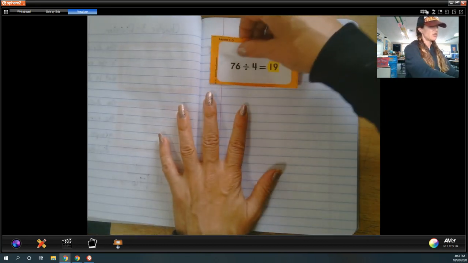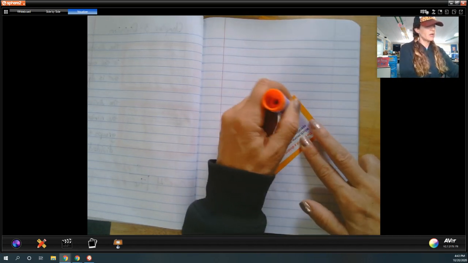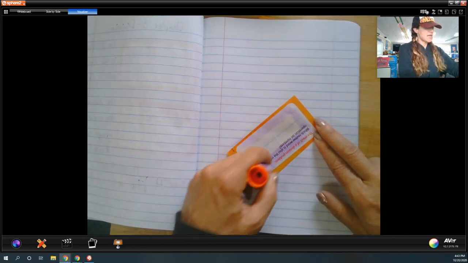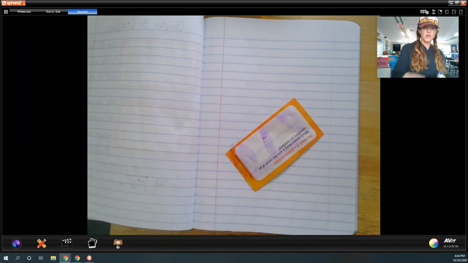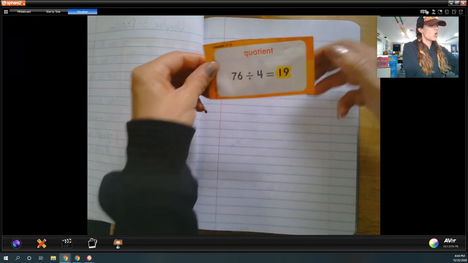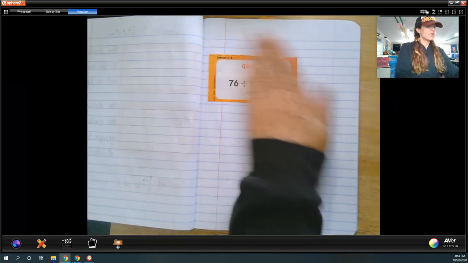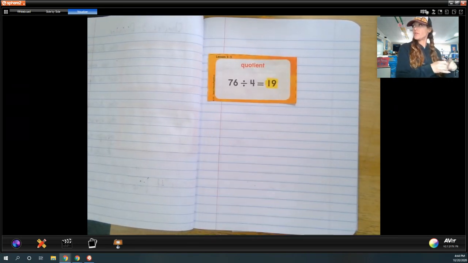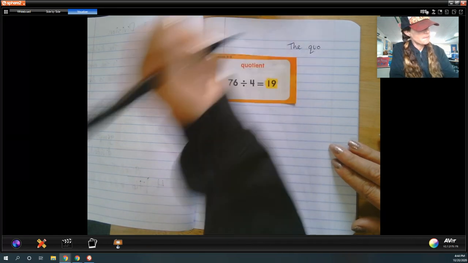I'm going to put quotient on the next page because I don't want to run out of room. Don't forget, the quotient is the answer to a division problem. Product is the answer to multiplication. The quotient is the answer to a division problem.